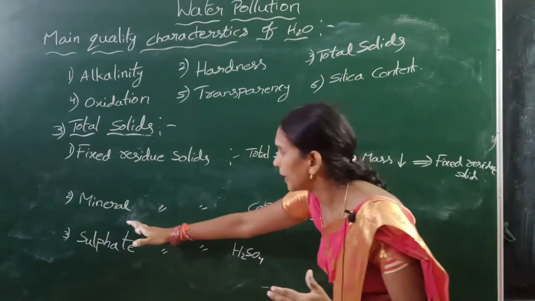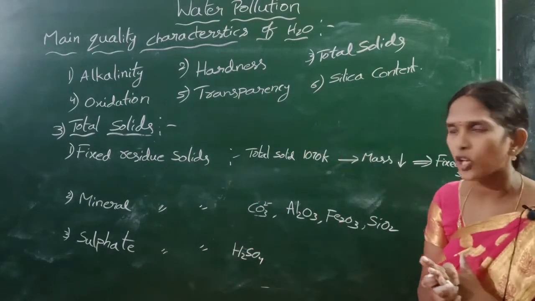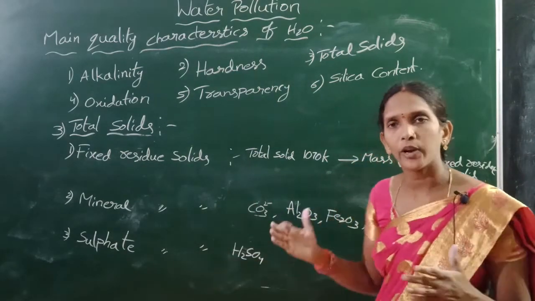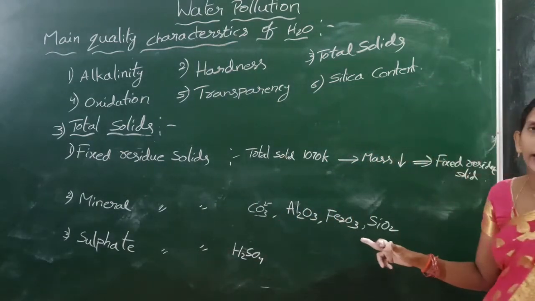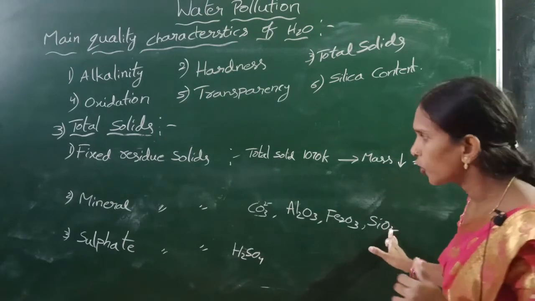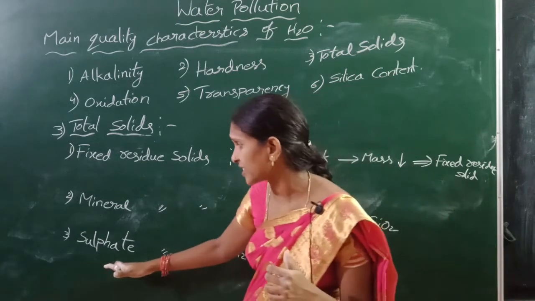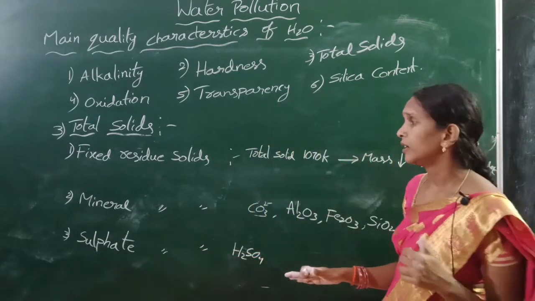The next one is mineral residue solids. Mineral residue solids means all the cations and anions including carbonates and Al2O3 and Fe2O3 and SiO2 are added to the water.